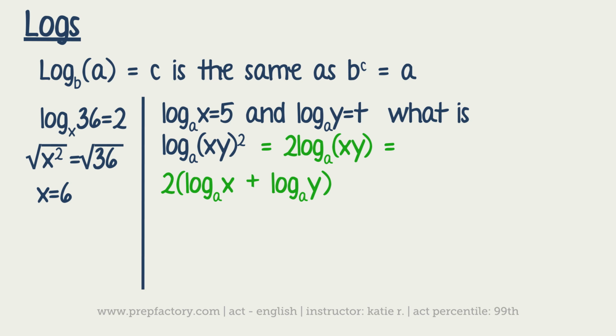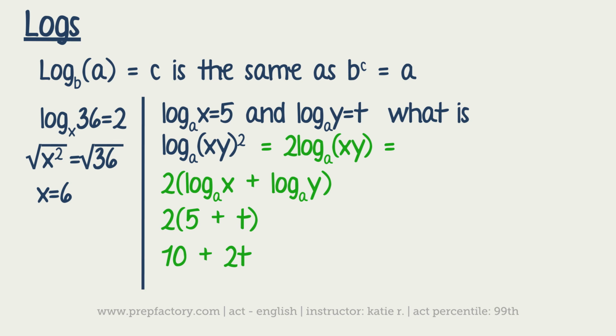Once you know that, you can use the information that you had at the top. Log base a of x equals 5. So I could say this is equal to 2 times 5 plus, and then look at the top, that was t. So your answer, if you distribute it, is 10 plus 2t.